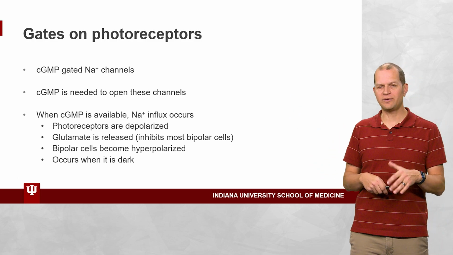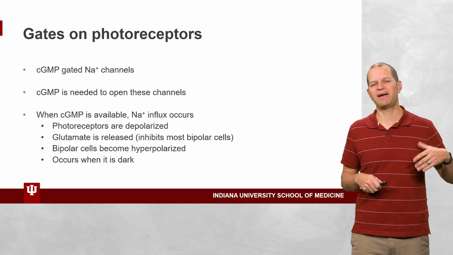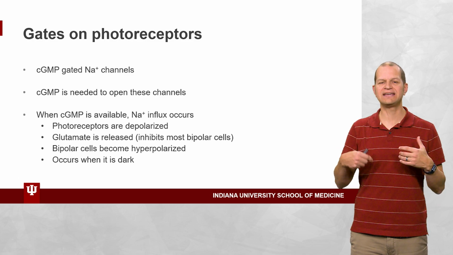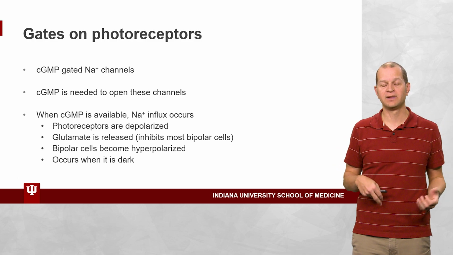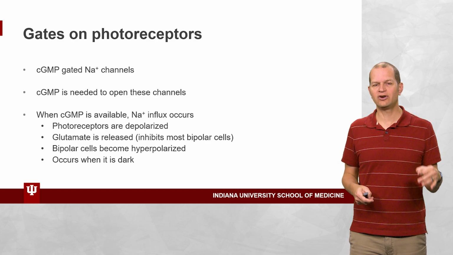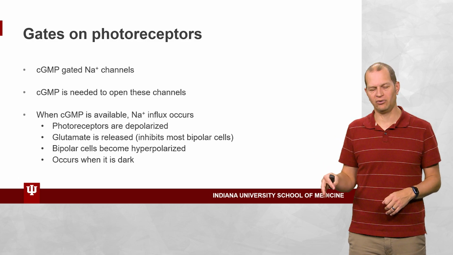Well, glutamate, like I said, inhibits most bipolar cells, or in other words, it causes these bipolar cells to become hyperpolarized. And so they're not going to be as efficient at doing their job. Glutamate inhibits most bipolar cells, but it excites some bipolar cells.